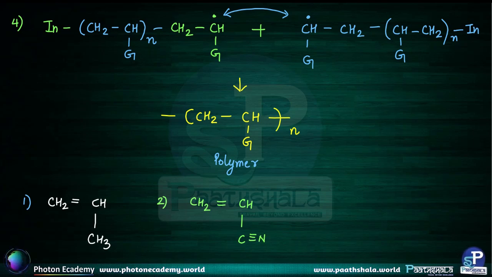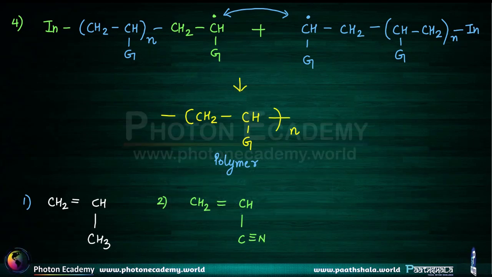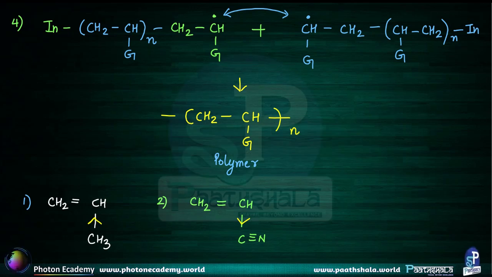So now if we notice both of them, the CH3 group is actually electron donating, and this C triple bond N is electron withdrawing. Since we have got a radical over here, the electron donating species will increase the stability of the radical and therefore will stabilize it further.